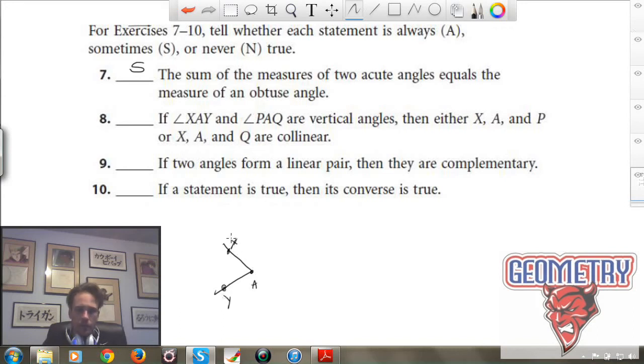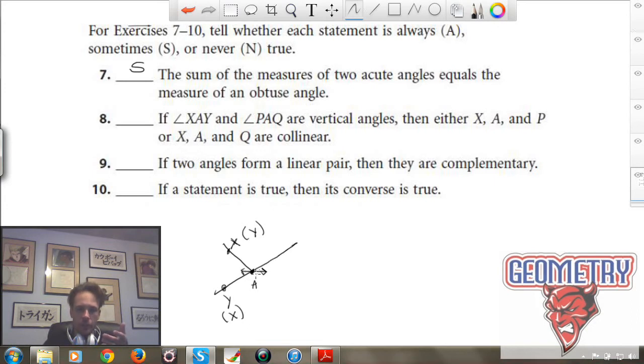Now we know from our angle labels that X and Y are interchangeable. Right? So I could change that to Y, or I could change this to X. A, however, is not going to move. It's got to be the vertex angle there. And angle PAQ. Now it says they're vertical, so I'm going to draw these vertical angles across from each other.